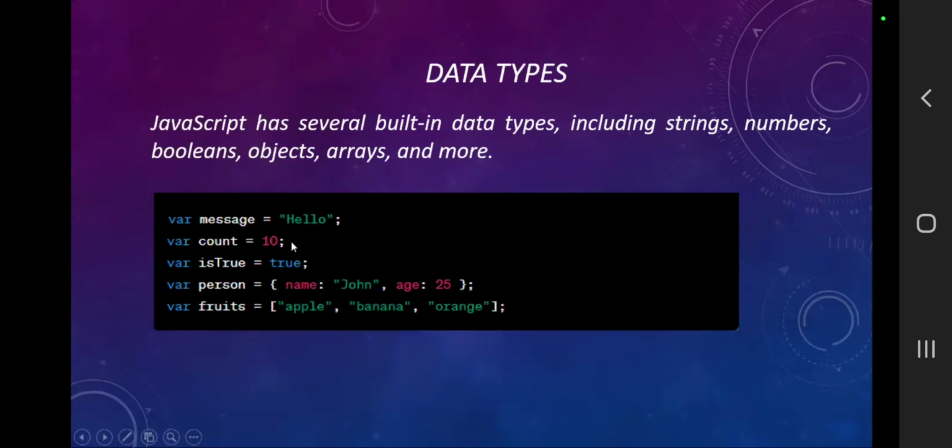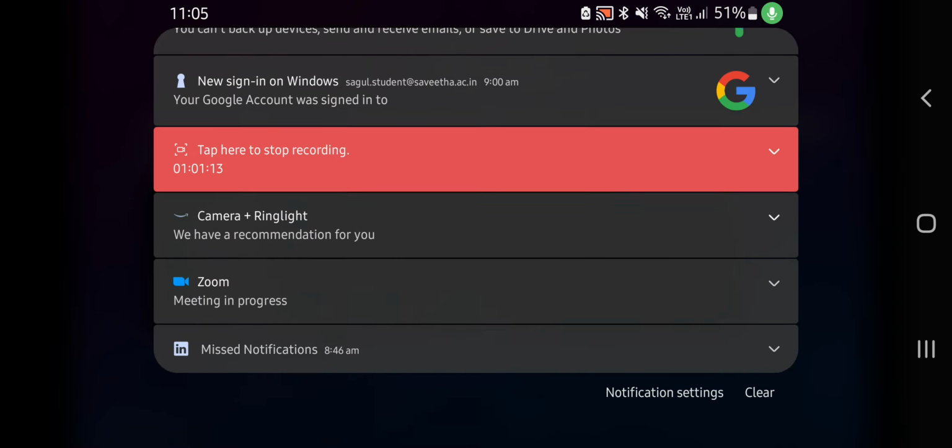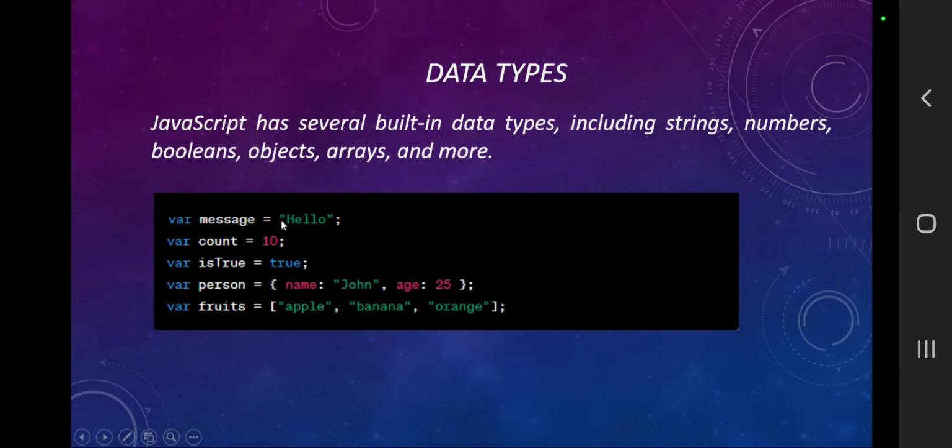And if I provide only a number, it is an integer data type. If I provide true or false, it is a Boolean data type. So like that, JavaScript will understand. Same as in Python. Whatever data you provide after the equals, the data type will be understood.